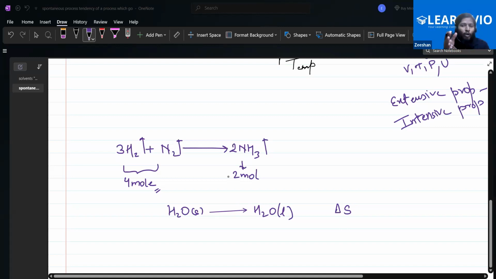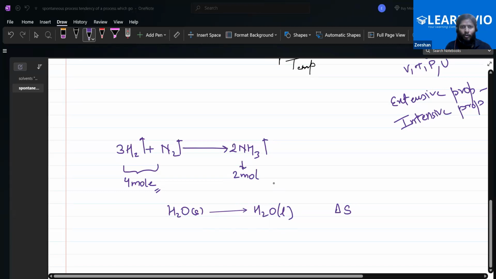Just replace the entropy word with randomness. Does randomness increase or decrease? It decreased. Okay. Ali Muhammad? Decrease. The randomness of the molecules of H2O, did it increase or decrease? What do you think? Sir, it is the same. Remain same.